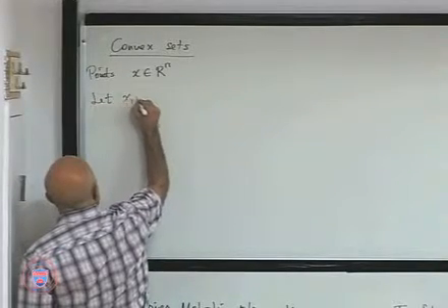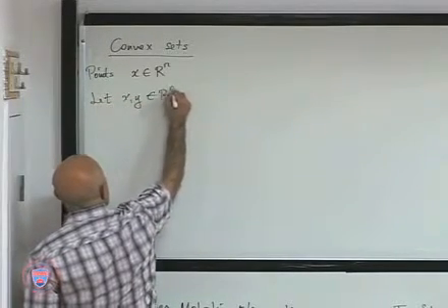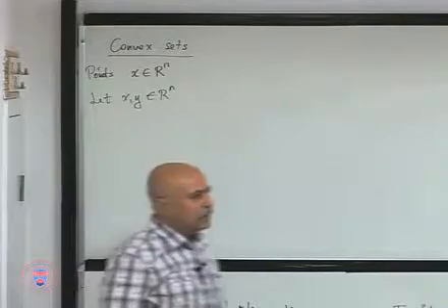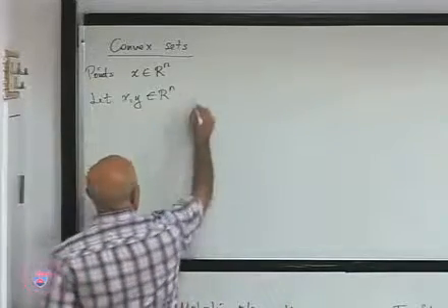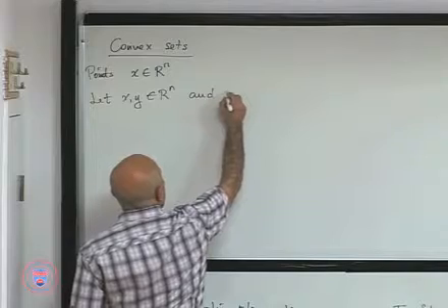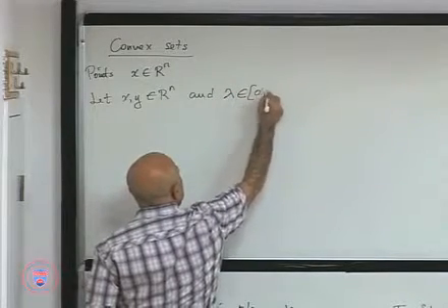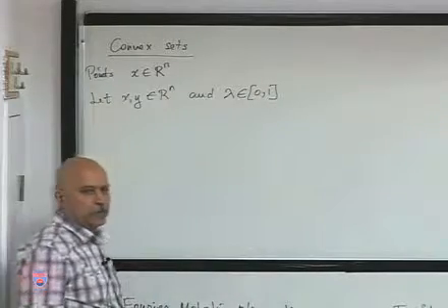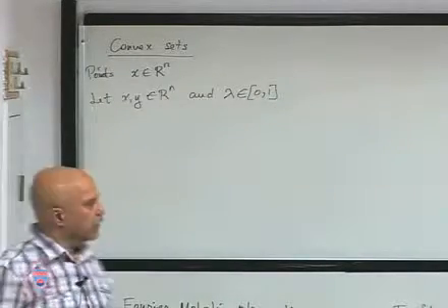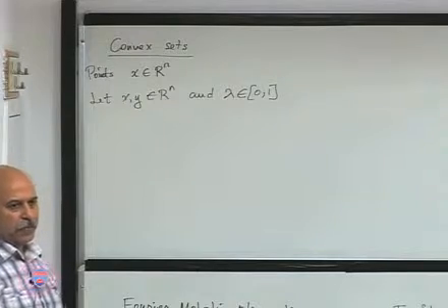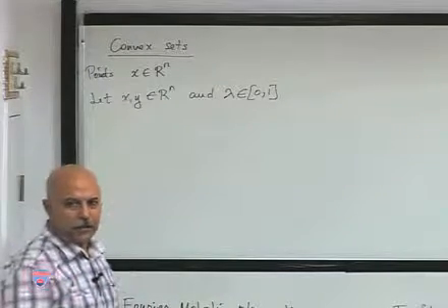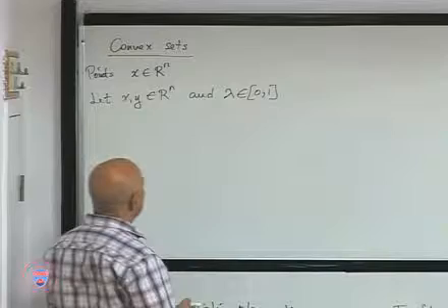Let x and y be 2 points in Rn, and lambda be a number in the unit interval [0, 1]. You just pick 2 points and one number between 0 and 1, possibly including 0 or 1 as well.